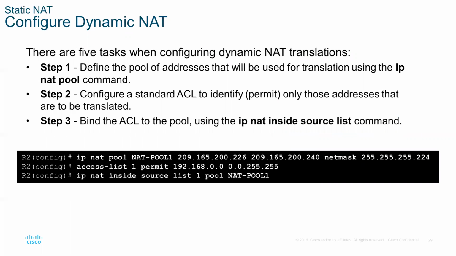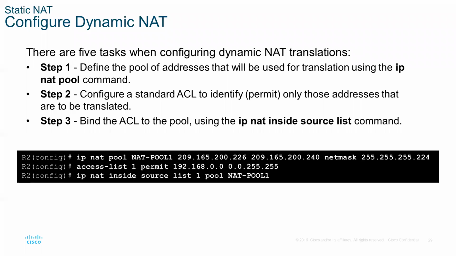So we go IP NAT pool, give the pool name, and then give the start and finish of the IP addresses in the pool. So lowest to highest, they have to be consecutive, and the corresponding network mask that defines the pool of addresses.